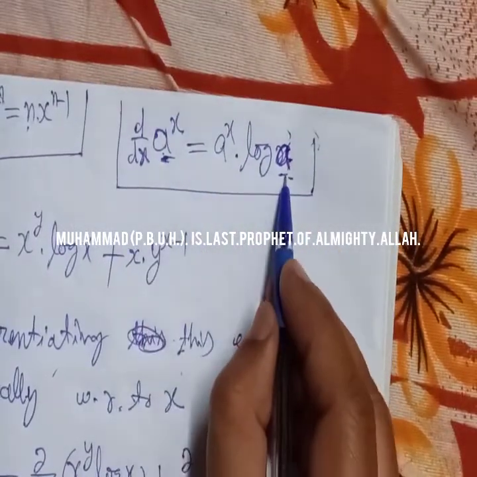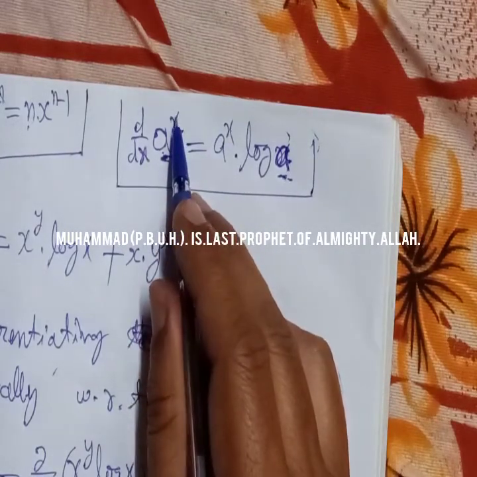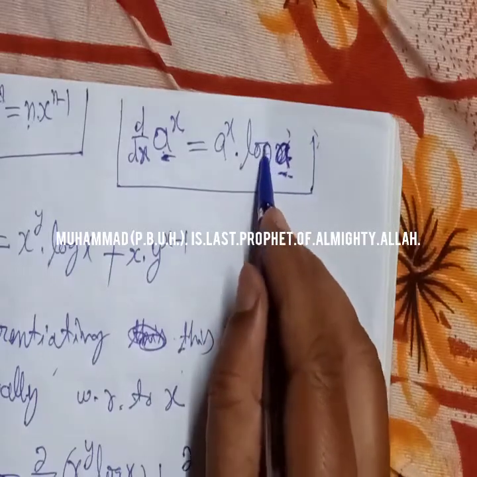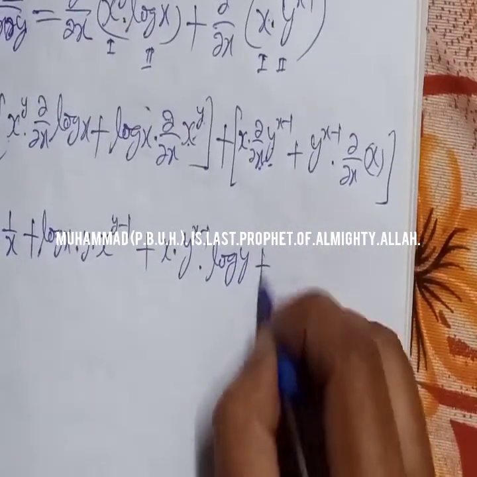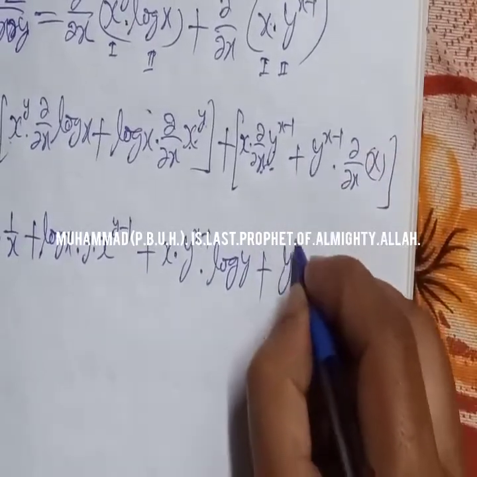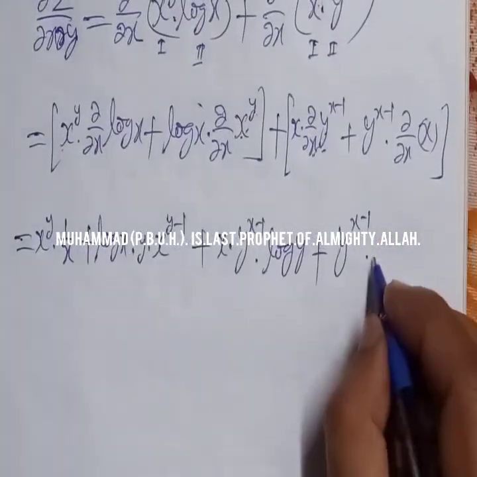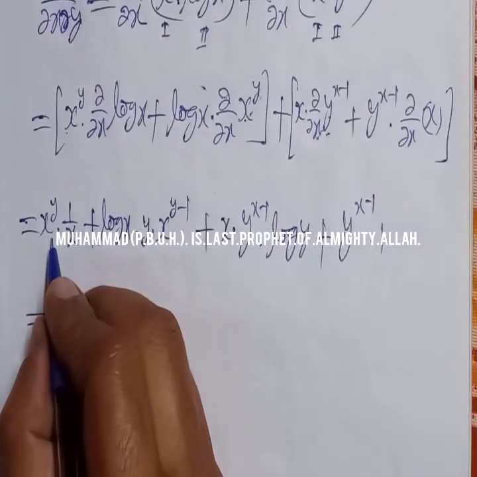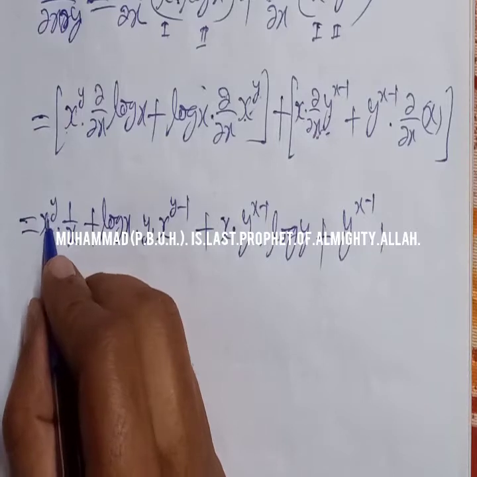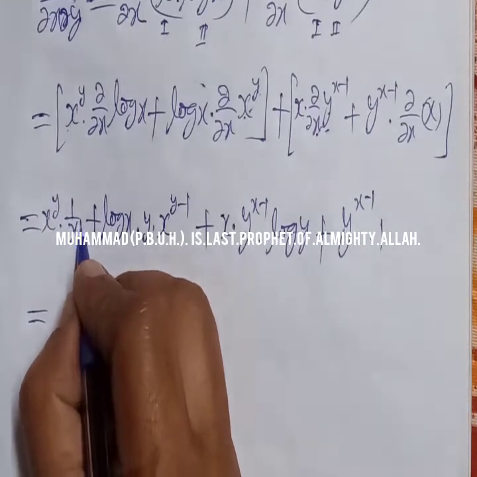Here is base of x, so log will come with a, and here it will come with y, plus I will write this value y to the power x minus 1 and differentiation of x with respect to x is equal to 1, because here x to the y divided by x, here degree of x equal to 1.